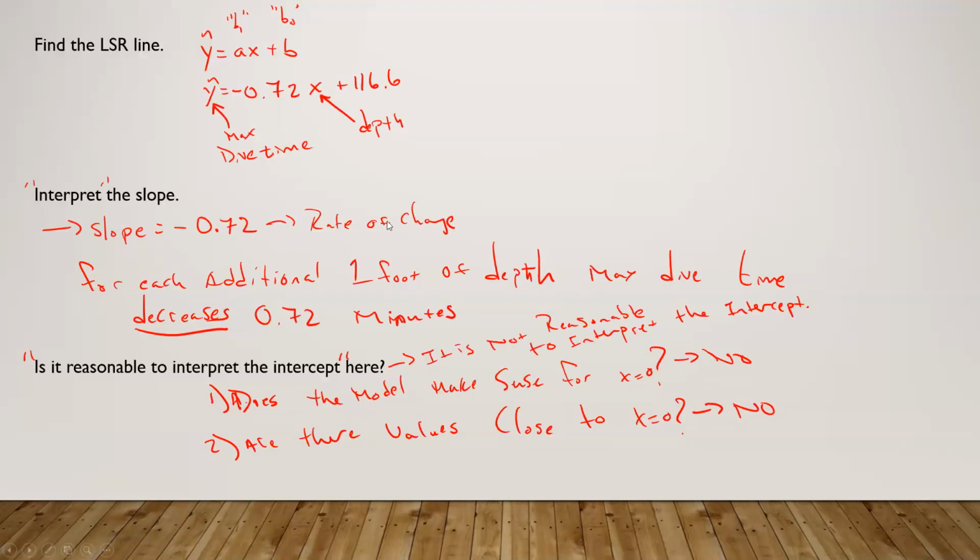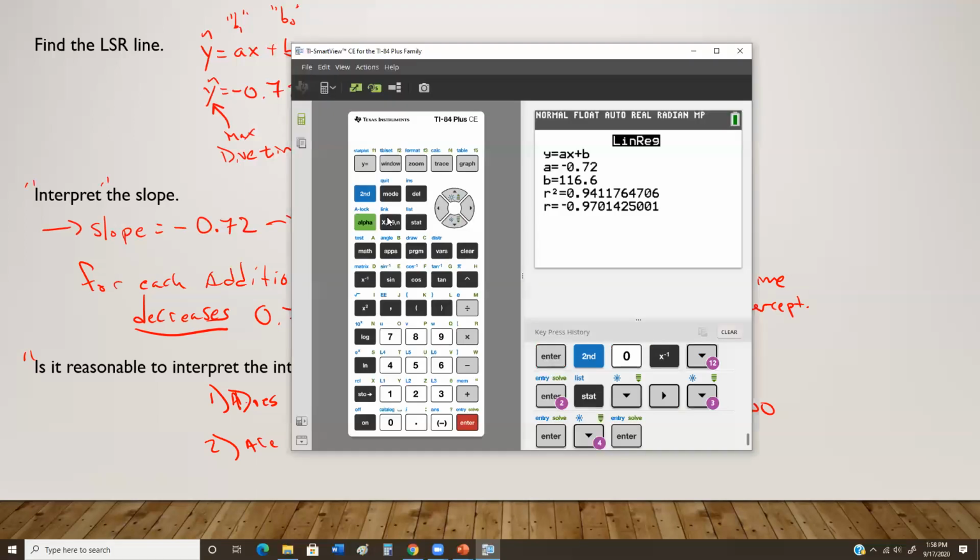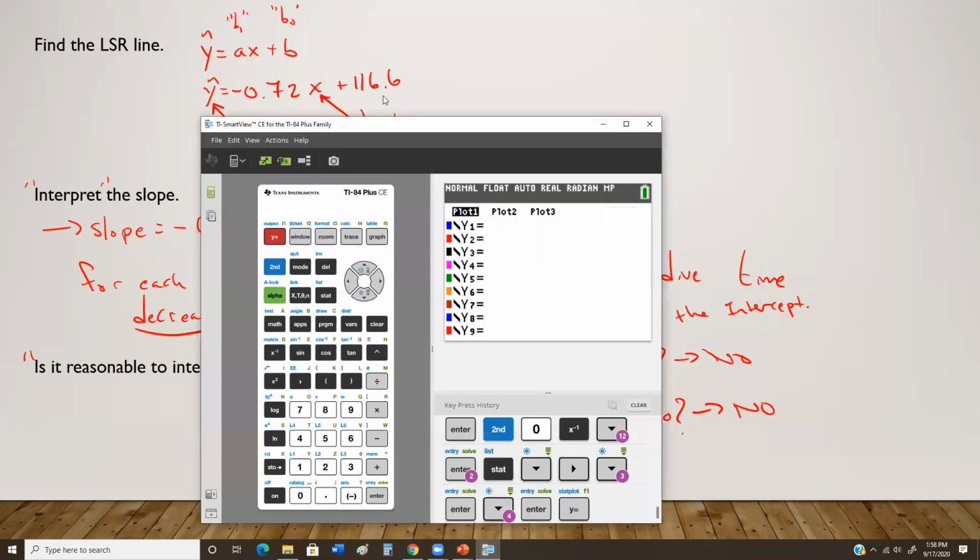Before I go on to the next questions, just so you can see that the model fits the data well, just for a little bit of extra practice, I'm going to plug the graph into my calculator. So I'm going to hit the y equals button, and I want to plug my regression equation into the model.